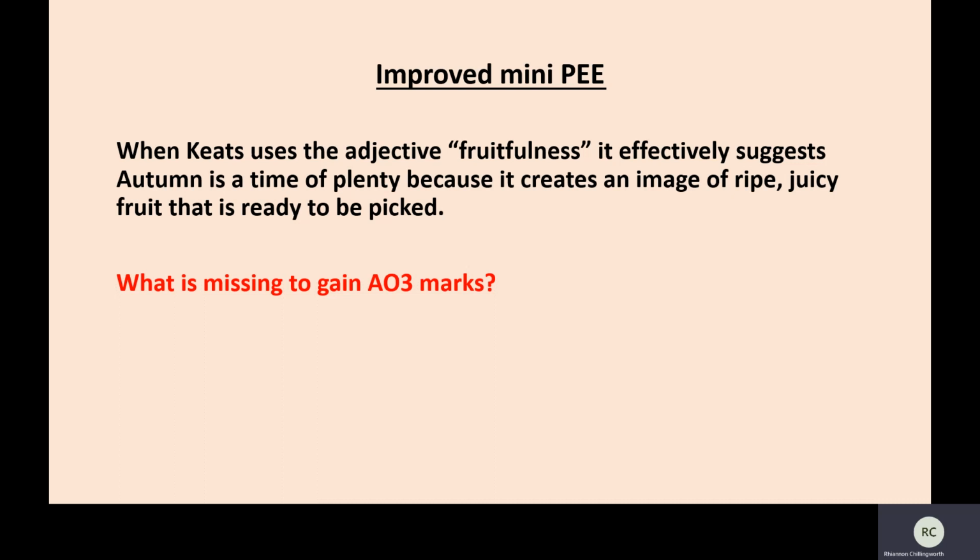So if you're only writing 3, 2 of those need to link to the context. But you want to focus on the context and embed the context into as much of your analysis as you can, because you are marked on it. So the improvement, if I was marking this as a student's work, I would be writing R8 next to it, which we know is our marking code for context. You need to add in some context here.